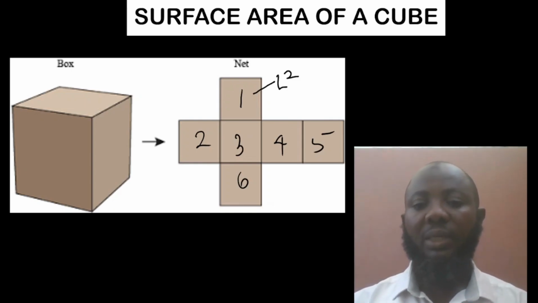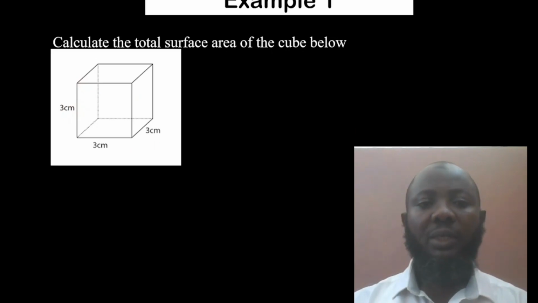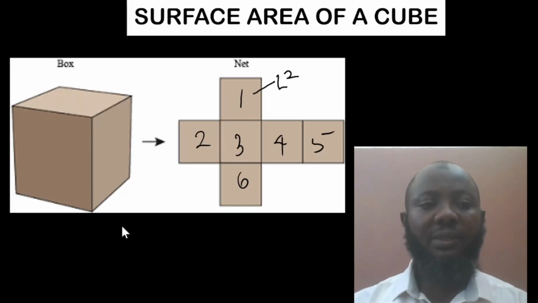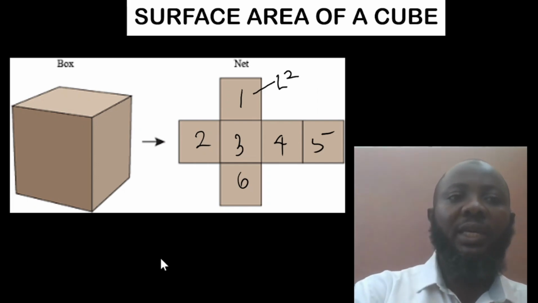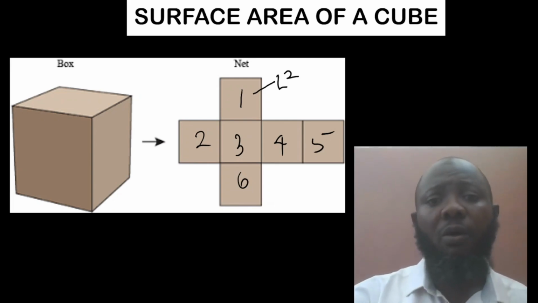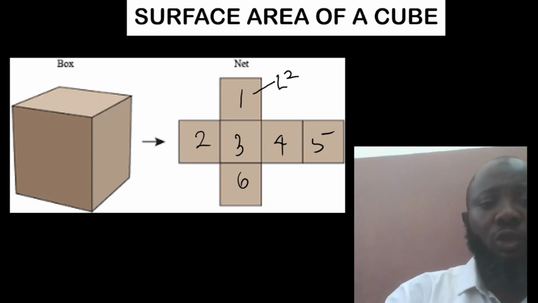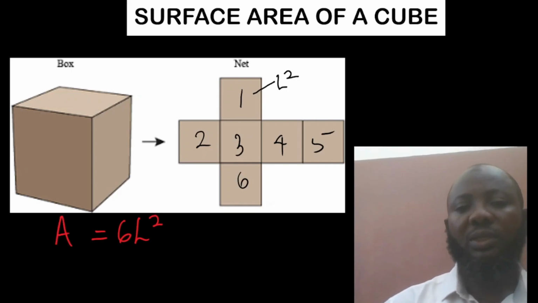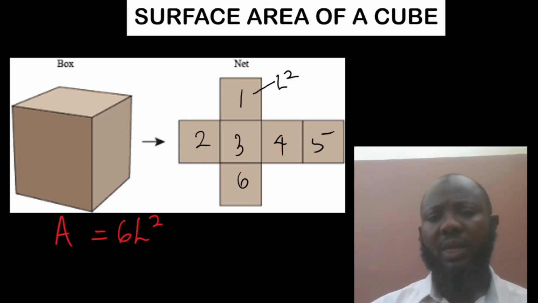So in essence, the surface area of a cube is 6 times L squared. I hope that is clear.